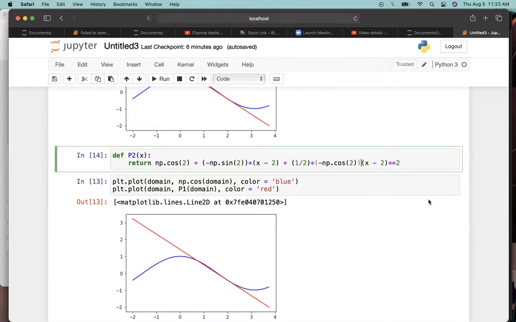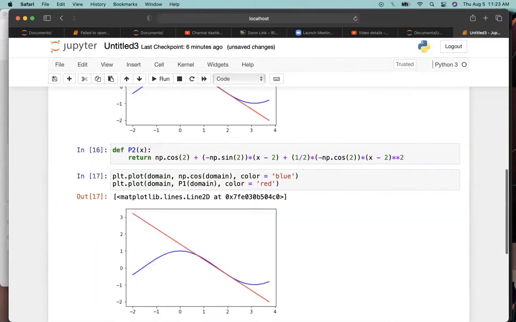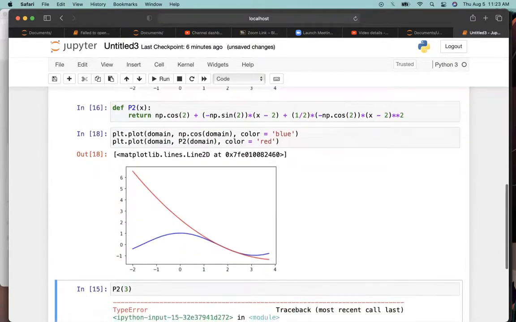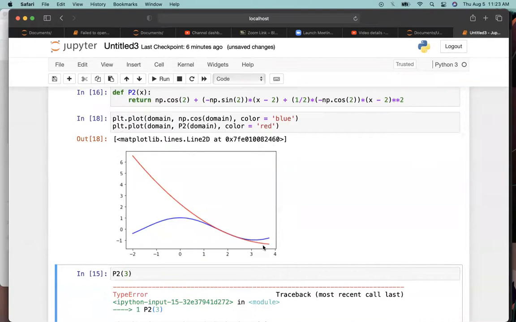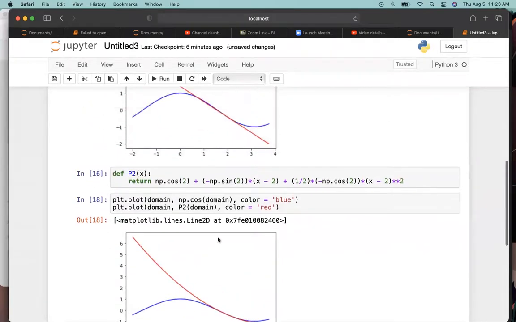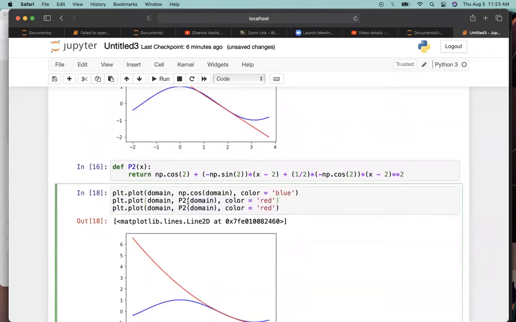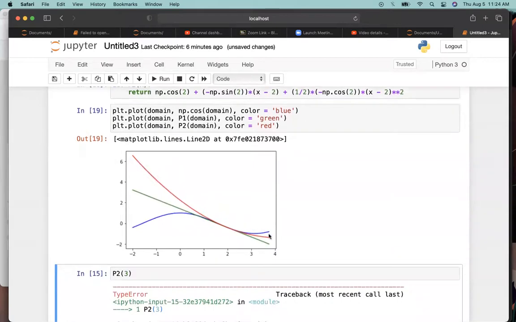Oh, there, I need to multiply that. There. So this is the second order approximation, right? I can just do it all in one, and I'll call this one green. So you see how our new approximation is curving more? It's a non-linear approximation.